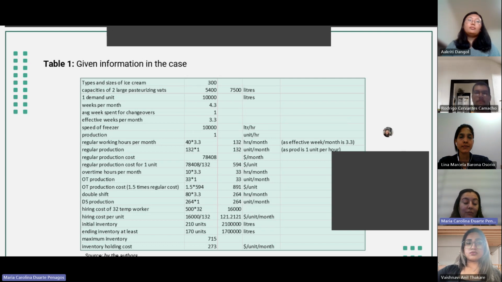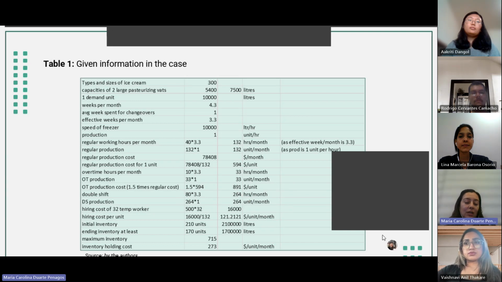Also, we do the same for the overtime hours per month. In this case, it will be 10 hours, which corresponds to 33 hours per month. Also, we have overtime production of 33 units per month. We also have an overtime production cost of $891 per unit.